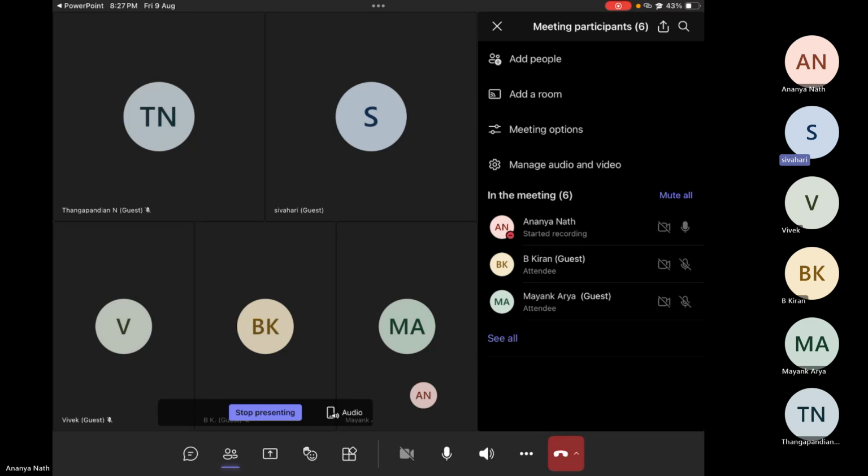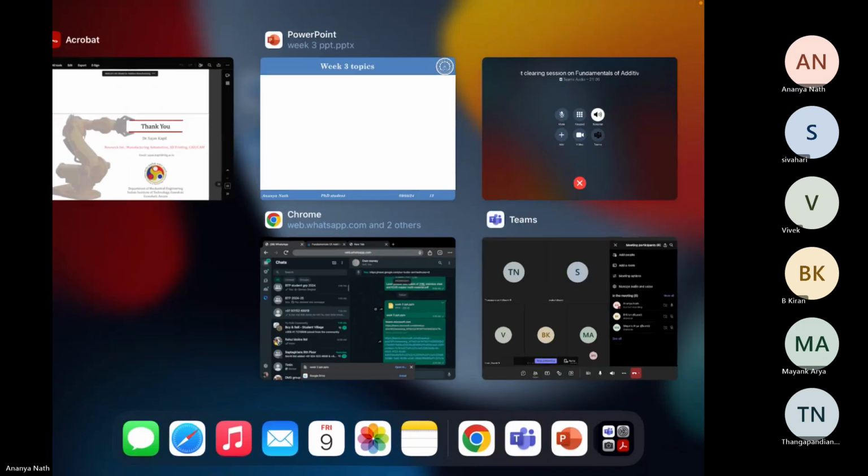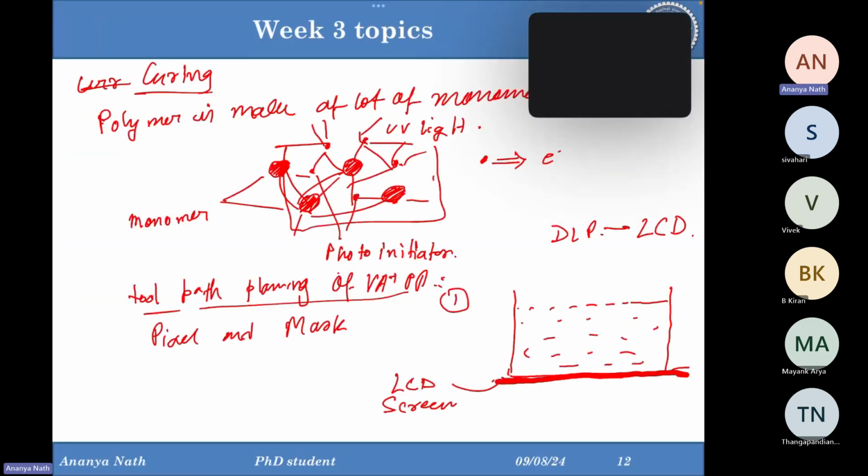Bottom to top approach, ma'am. Yeah, the correct answer is the build plate will be attached at the bottom part of the VAT. It will be present inside the VAT, and it will go up with each layer, layer by layer basically.